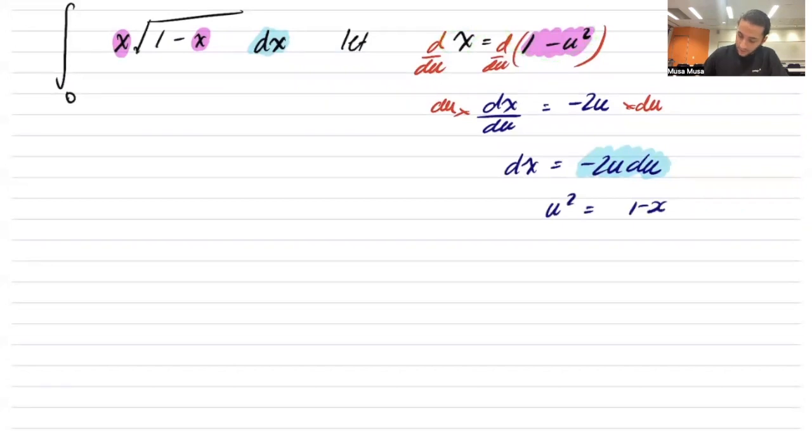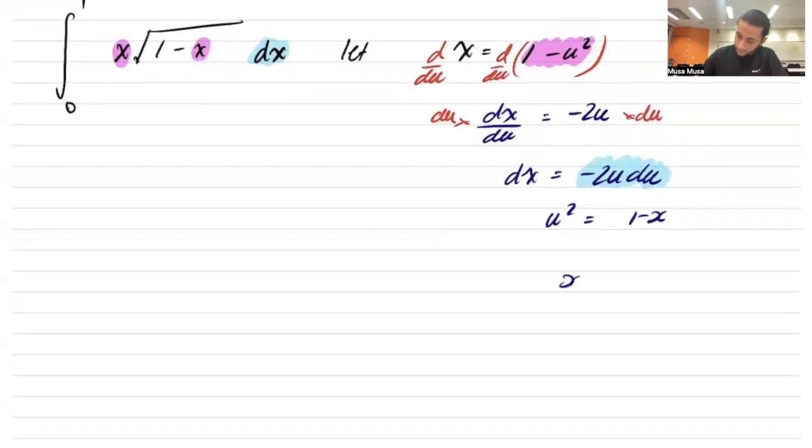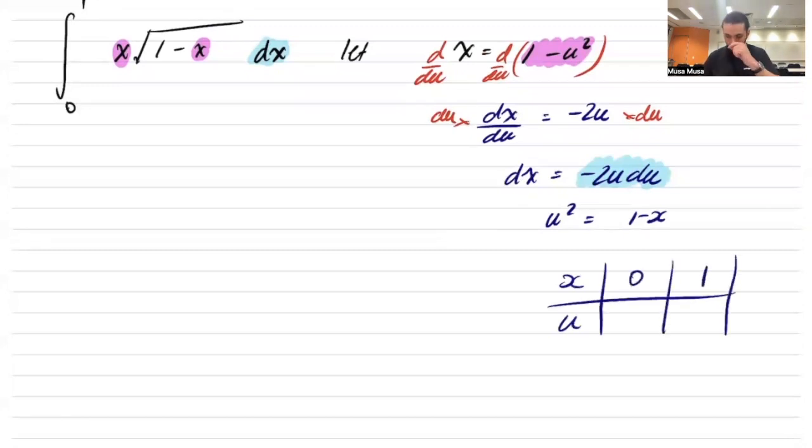And let's go to x and u limits. So 0 and 1. Alrighty. When x equals 0, u squared equals 1, taking the square root, we're going to have u equals plus or minus 1.